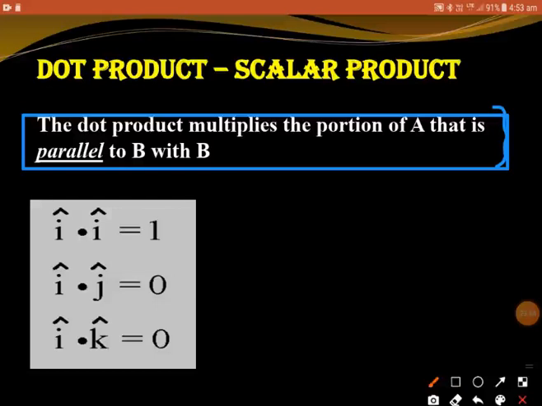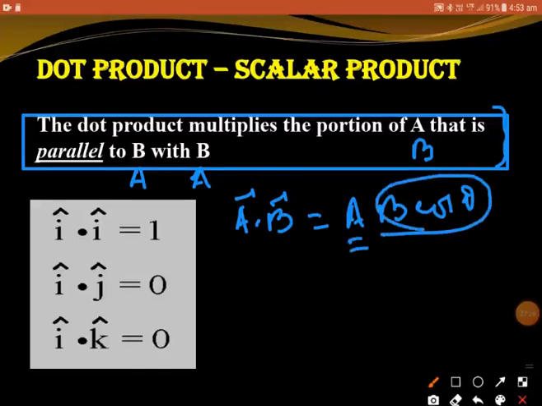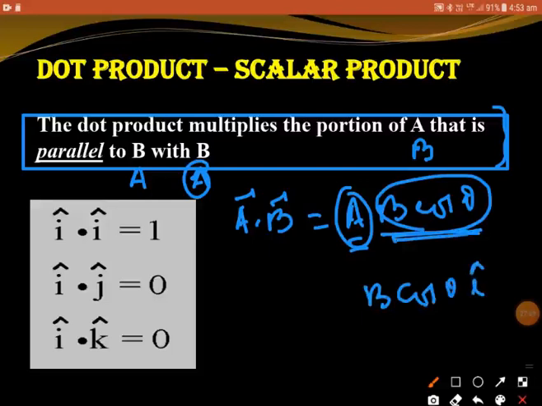So if it is A like this, the dot product of these two is the product of A and that of B parallel to A. I have just made it B cos theta into I cap, and I cap means along x-axis.